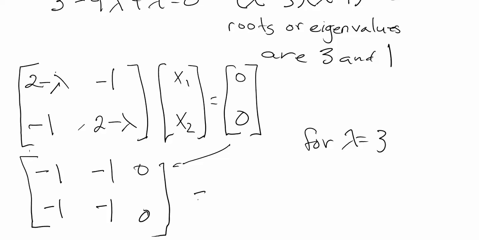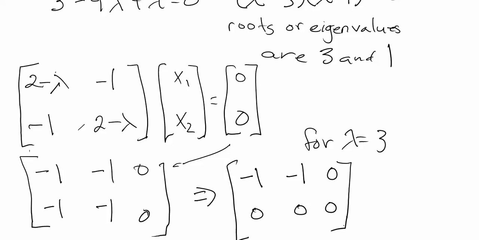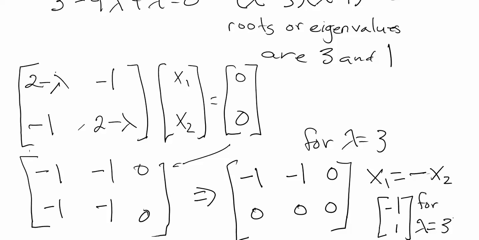And after Gaussian elimination, this can be reduced to minus 1, 1, 0, and our last row is 0, because it's really just the same as the first one. And this tells us that x1 is equal to minus x2, or minus 1, 1 is our eigenvector for lambda equals 3. And we have one of our eigenvalues and eigenvectors.